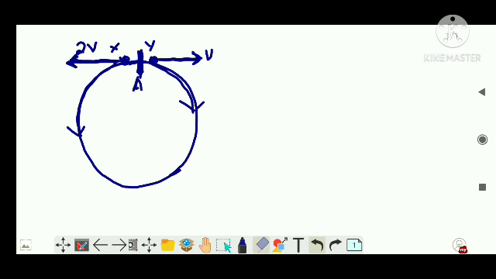Okay, so in order to solve this problem, let us divide this. I hope you understood what point A is. I'm not going to write this A again. Let us divide this circular path into three parts like this. Let's start from this. Very important, guys, you have to listen to what I'm saying.